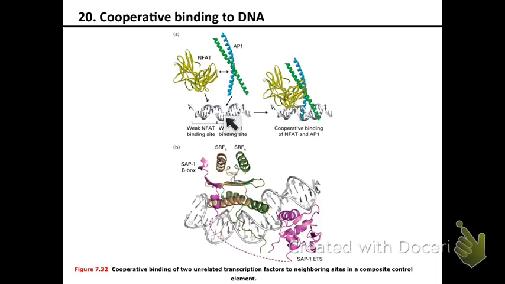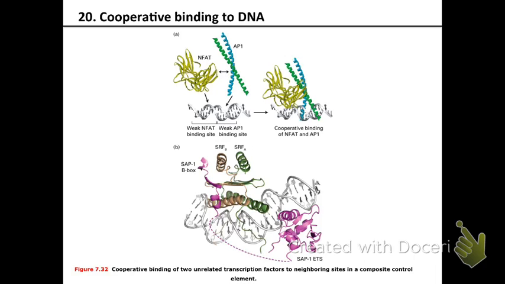So here's a close cooperation example. So you have a DNA sequence that contains a weak NFAT binding site. So this is NFAT transcription factor, and a weak AP1 binding site. What do I mean by weak? What is it? A low consensus.